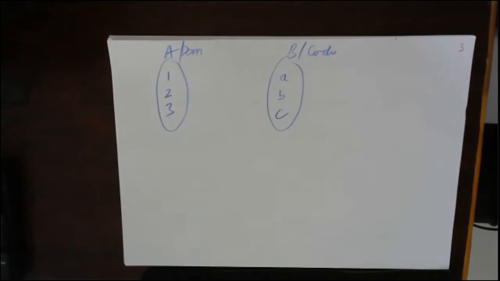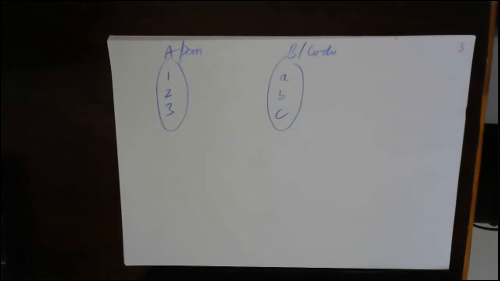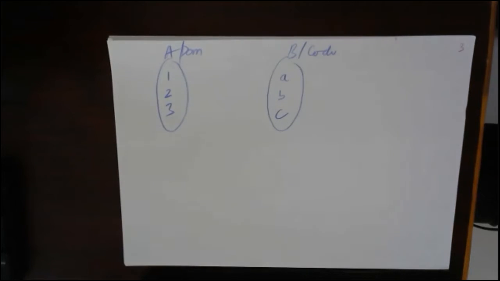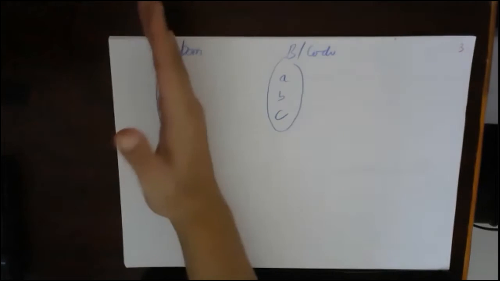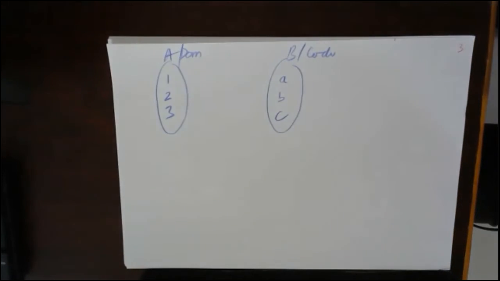Now, if I ask you, what are the total possible links? What is the maximum possible number of relations from set A to set B?